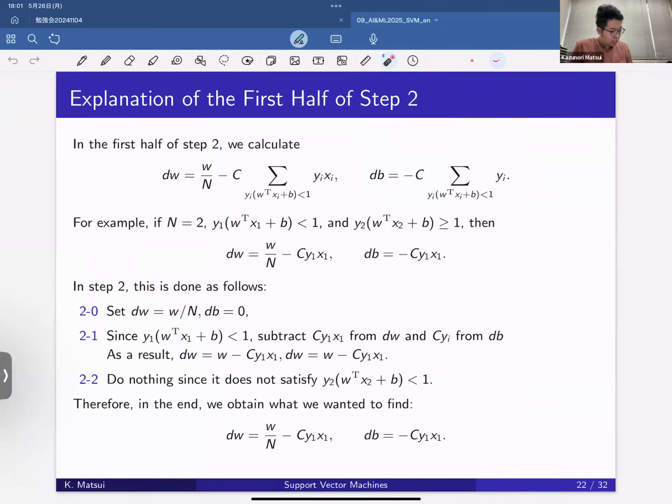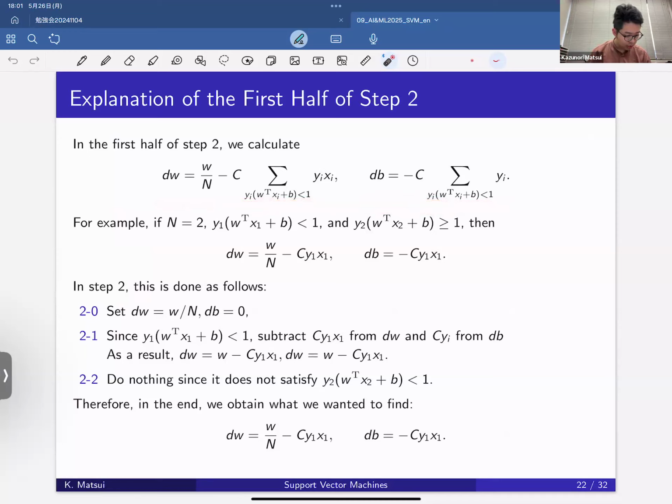Let's specifically introduce and explain step 2 in the first half of the procedure. What we want to do in the first half of step 2 is to calculate the partial derivative. So we want to do this kind of calculation.